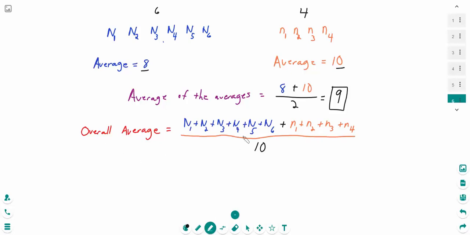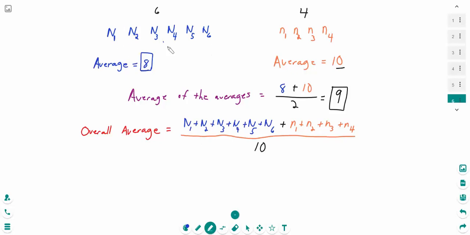So how could we figure out what the overall average is? Well, it's actually not too hard if we know the average. The average means that I can replace all of these n's, these blue n's, with an 8. Okay? And that would be equivalent. The sum of those 6 8s would be equivalent to the sum of these 6 n's, no matter what they were. All right?